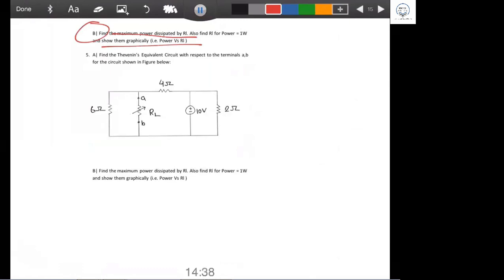In question number 5, part A says maximum power Thevenin equivalent, and part B says maximum power dissipation.